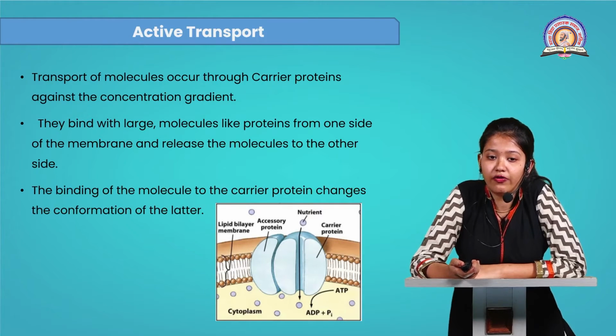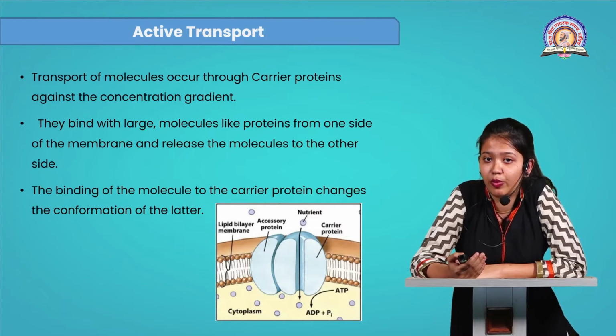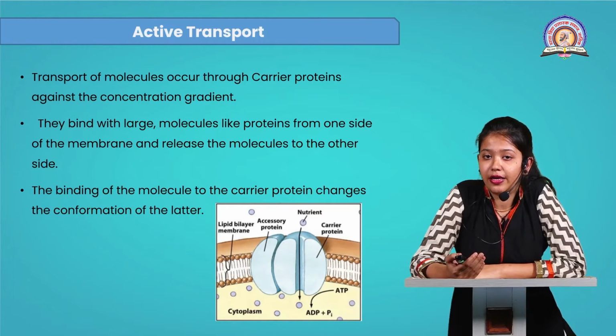The binding of the molecule to the carrier protein changes its conformation. Carrier proteins can flip their conformation. How does it flip? As soon as the molecule enters the carrier protein, it first attaches in the hydrophobic core and then it is released on the cytosolic side. It changes its conformation two times.